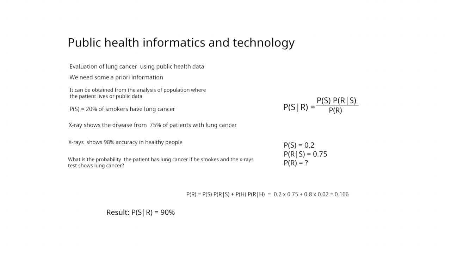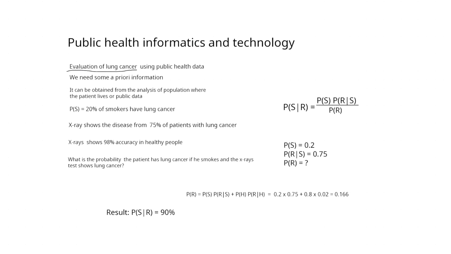So suppose we would like to evaluate lung cancer in a patient. Before making tests and various things, the doctor finds out that the person is a smoker. He can take some data from communities or global population data.